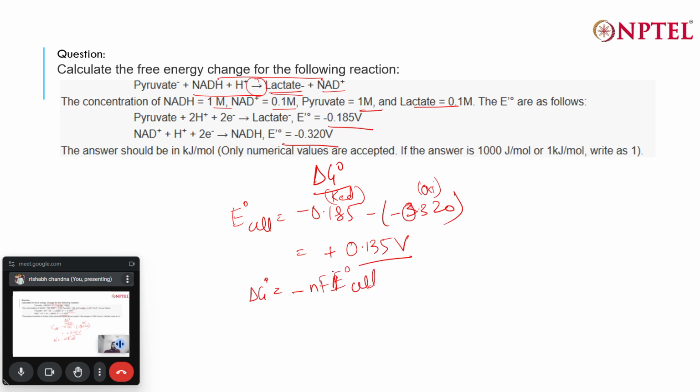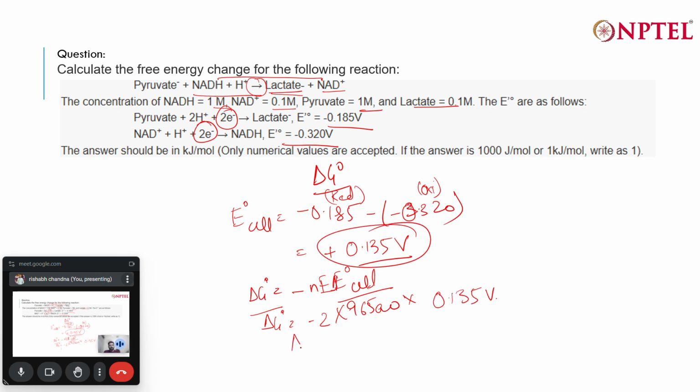So this is the formula for calculation of delta G naught from E naught cell: minus n F E naught cell. So delta G naught is equal to minus 2, because here we have two electrons, times the Faraday constant 96500, times the E naught cell we just calculated as 0.135 volt.